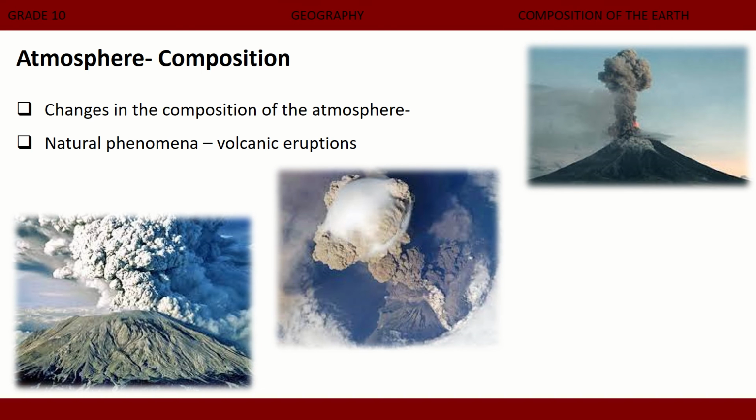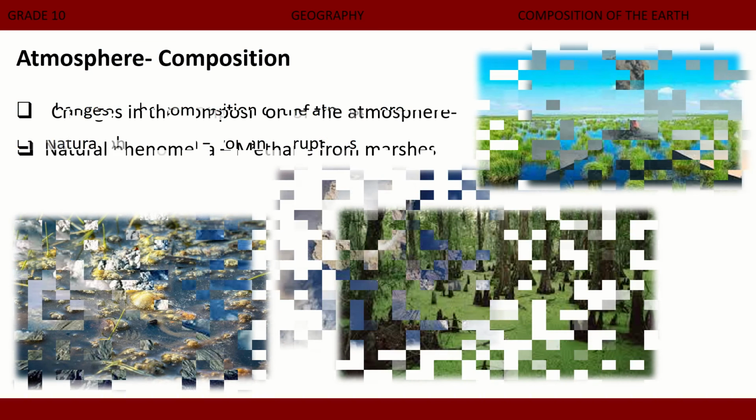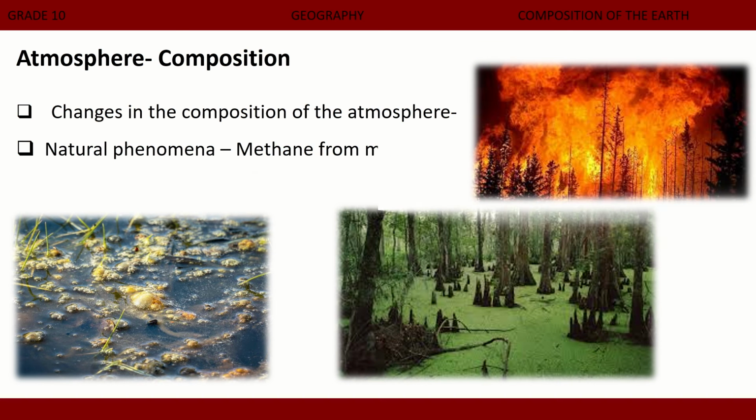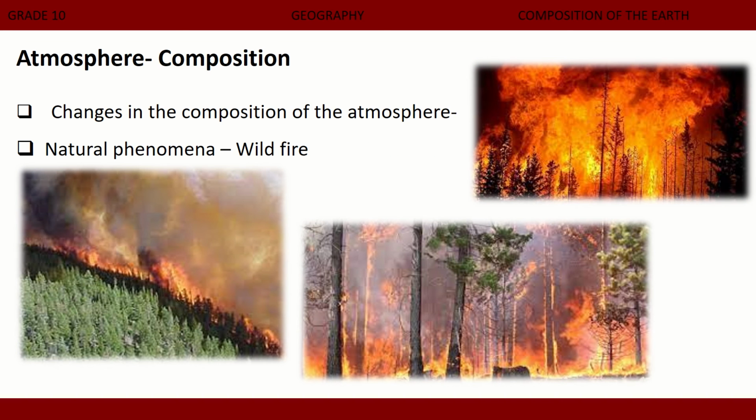Now we are going to discuss what are the natural phenomena which cause changes in the composition of the atmosphere. First, volcanic eruptions. Addition of methane from marshes. Wildfire.